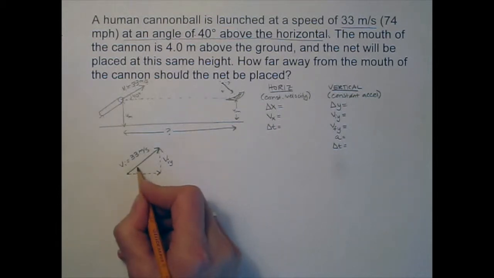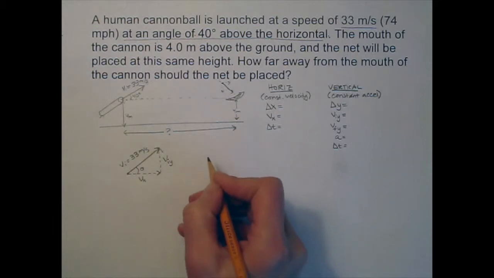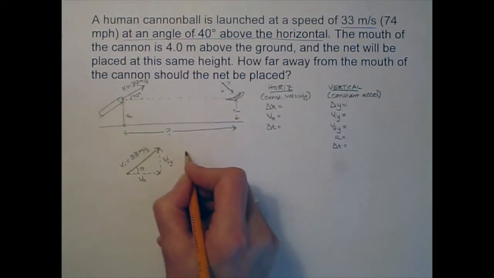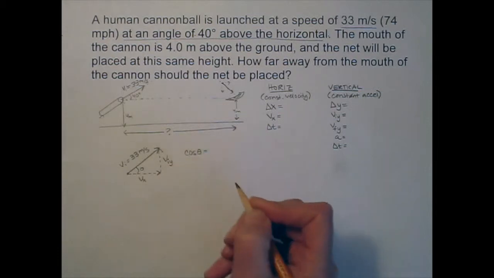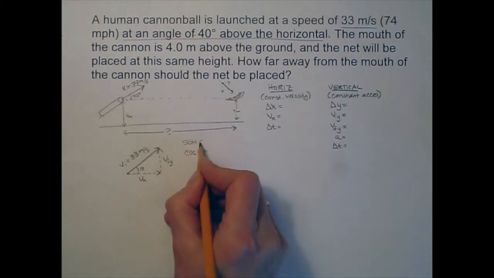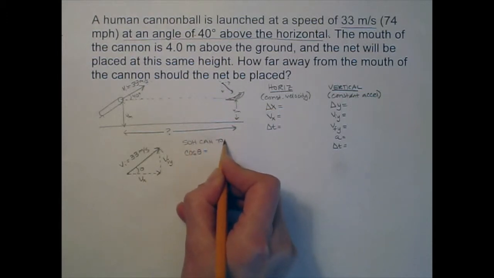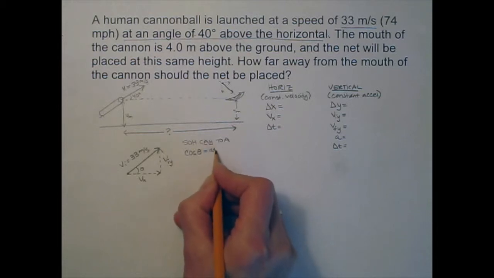Now we need to calculate these components. This angle is 40 degrees, and we can use our sine and cosine functions to calculate this. So let's start with cosine. Using SOHCAHTOA, that reminds me that cosine is adjacent over hypotenuse.